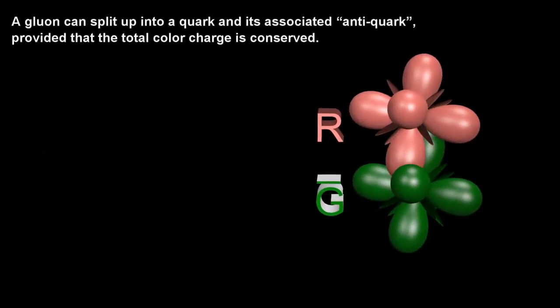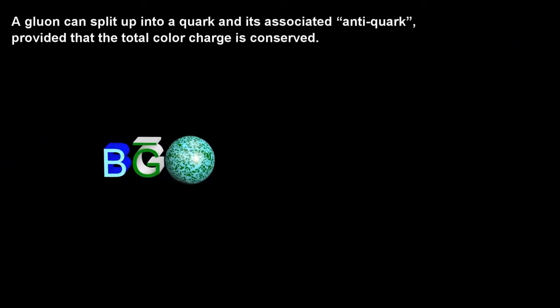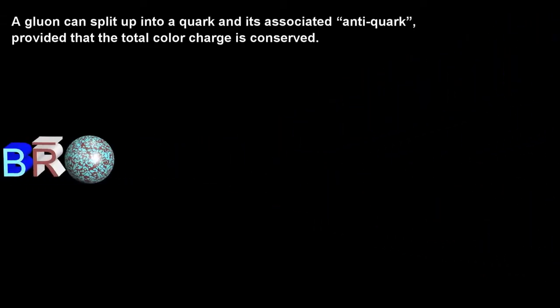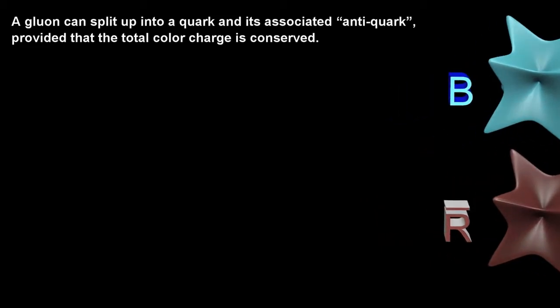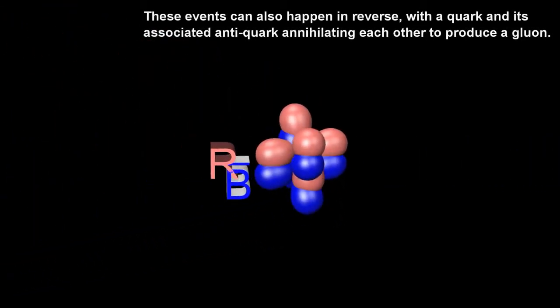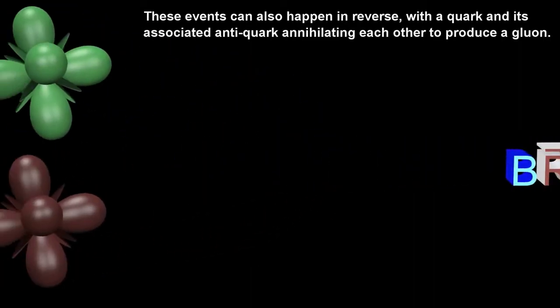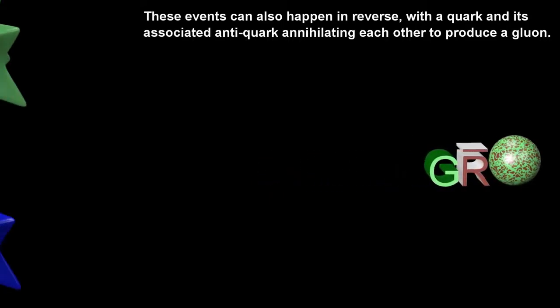A gluon can split up into a quark and its associated antiquark, provided that the total color charge is conserved. These events can also happen in reverse, with a quark and its associated antiquark annihilating each other to produce a gluon.